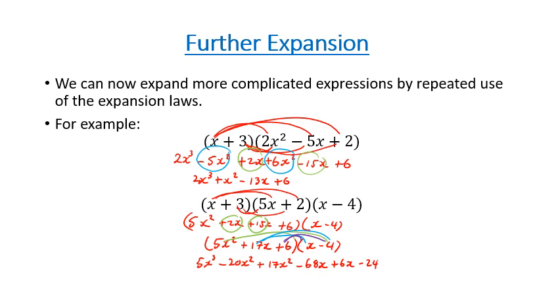I can then collect some like terms here. I've got some squareds, and I've also got some x's to the power of 1 here. So my overall answer for this would be 5x cubed, take 3x squared, take 62x, take 24.